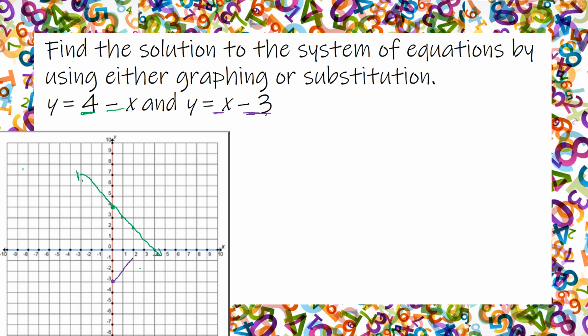So I'm going to graph that, and I see that my intersection looks like it's at about 3.5, but we can't be sure. They hit in the middle of that, but we can't be sure exactly where they're at unless we do substitution. So I'm going to write my two problems over here.